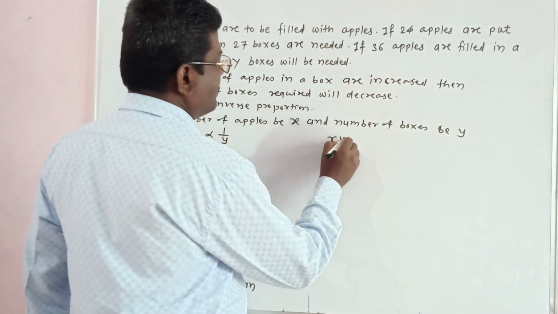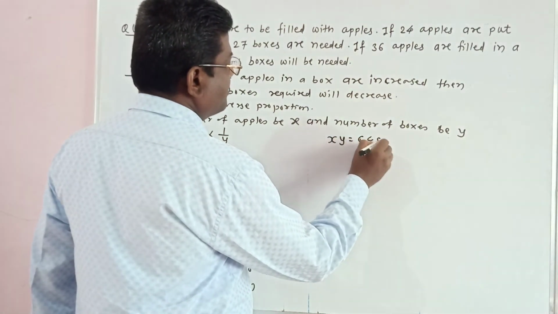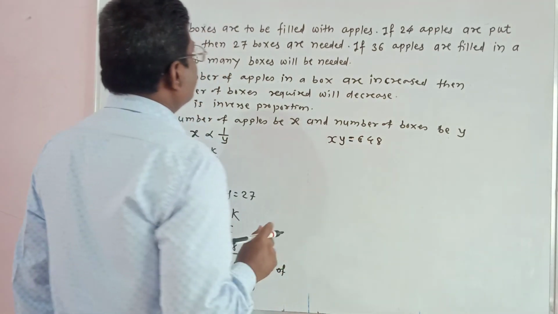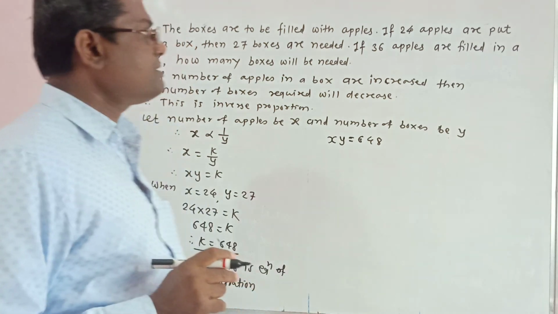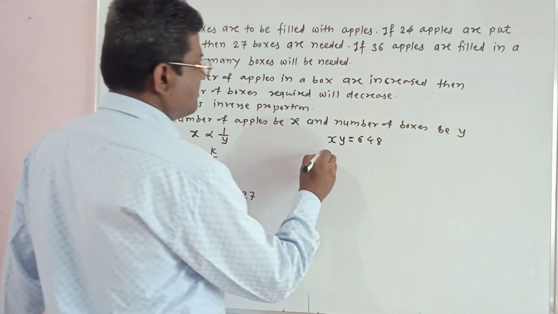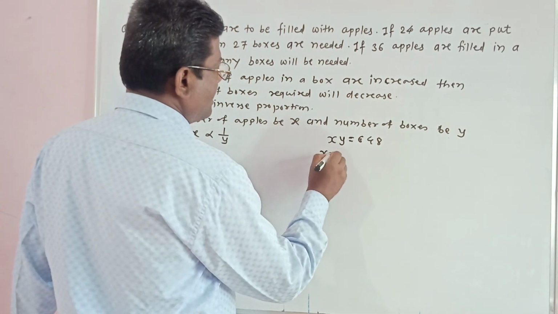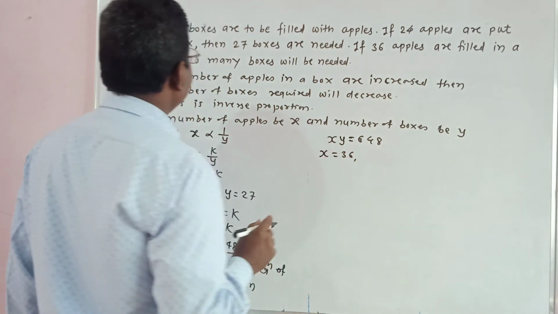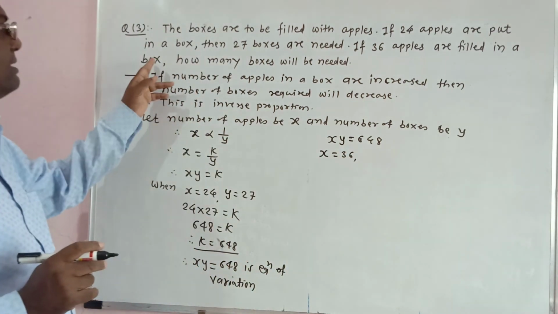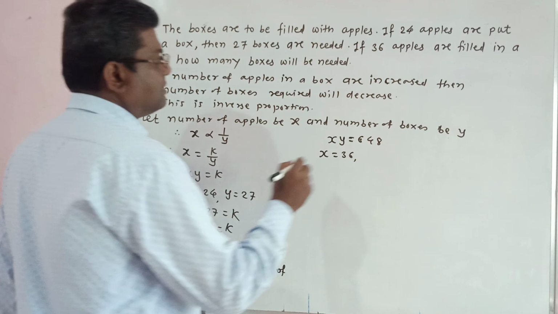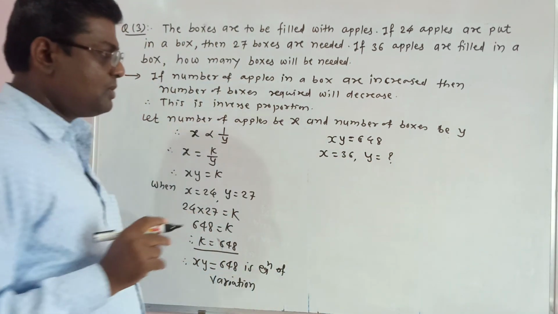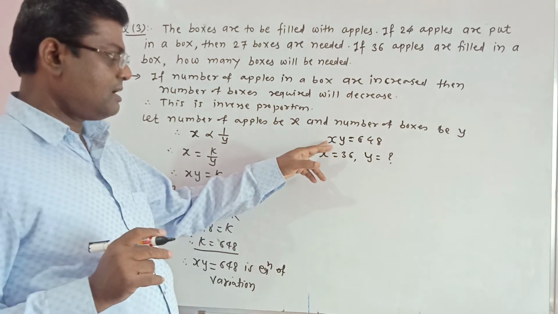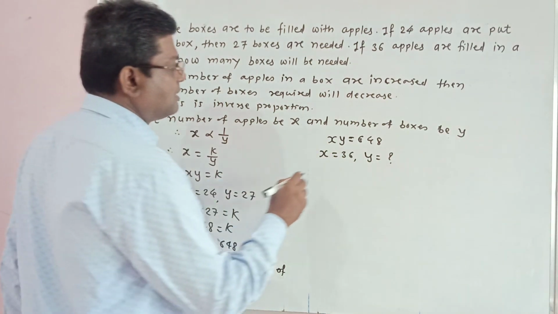Now xy is equal to 648. Now we are given that 36 apples are filled, that means x is equal to 36, and we have to find the number of boxes, that is, y is to be found out. So put the value of x as 36 in our equation.